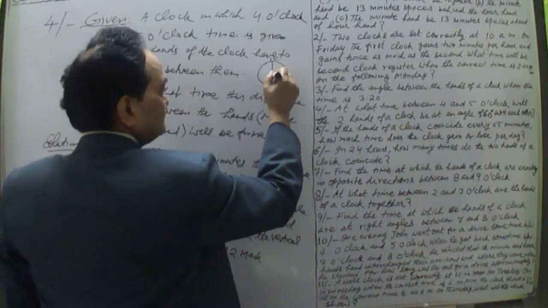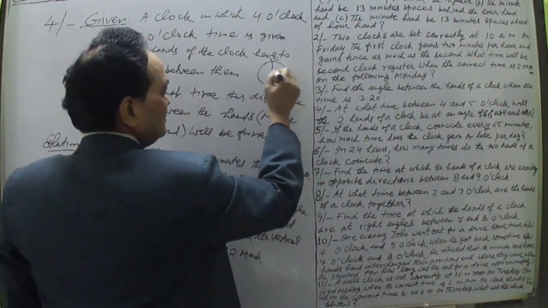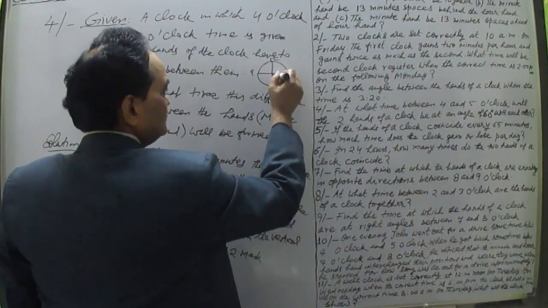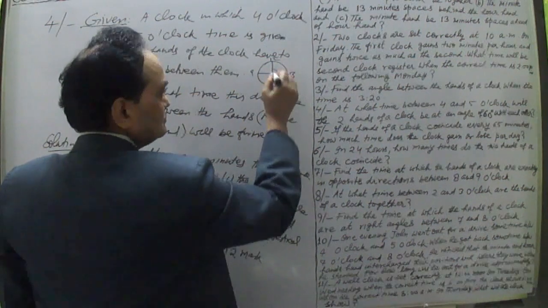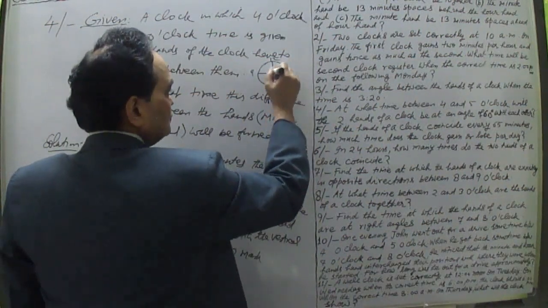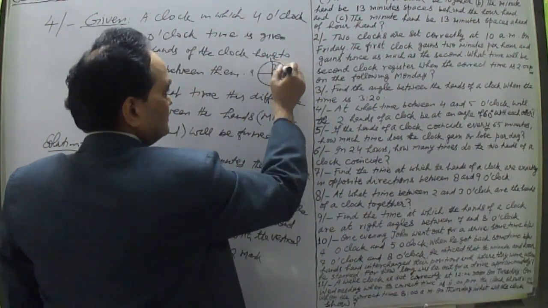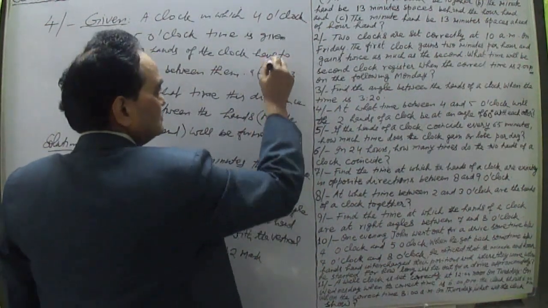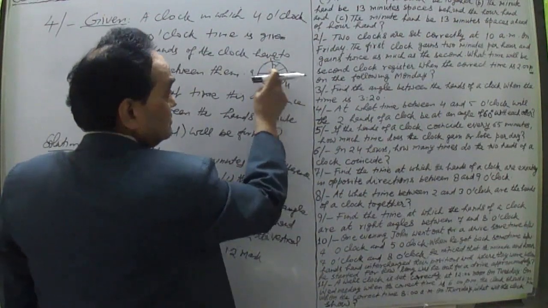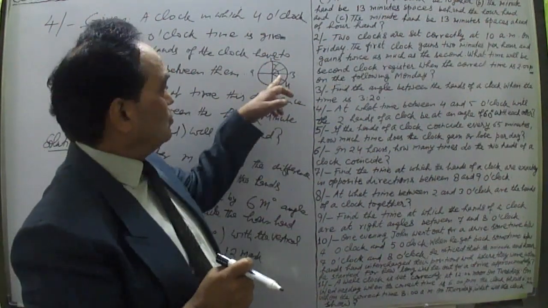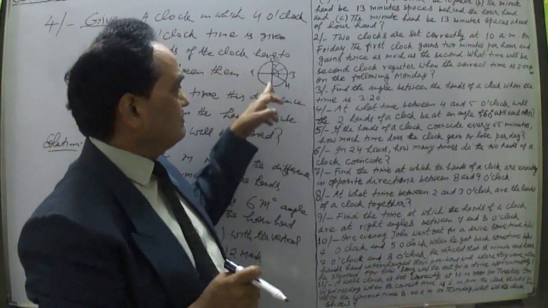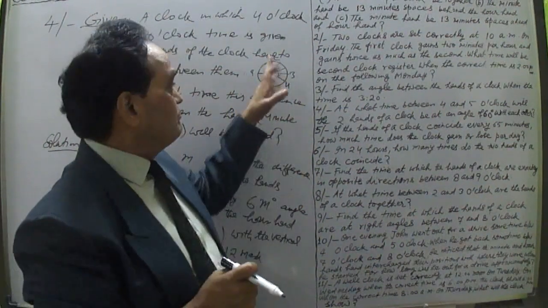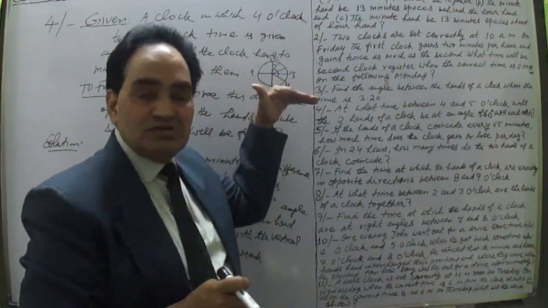This is 3, this is 9, and this is 4 here. So this total angle is what? This is 1, this is 2, 30 degree, 30 degree, 30 degree, 30 degree, 4 times. So at this 4, the hour hand is initially making 120 degree with this vertical line. So the hour hand is making 120 degree angle with this vertical line at this moment.